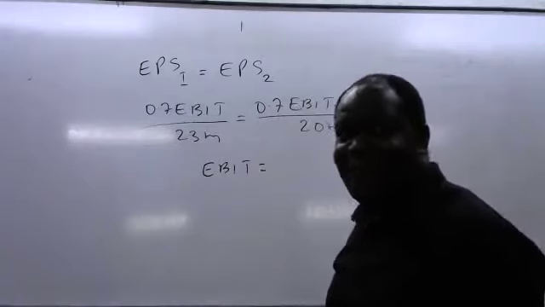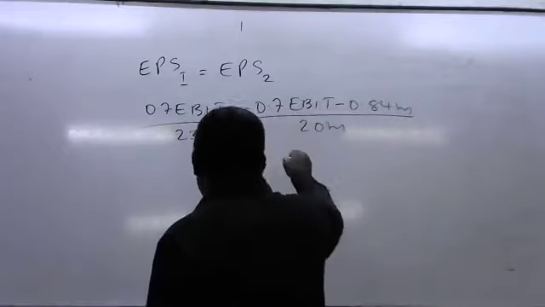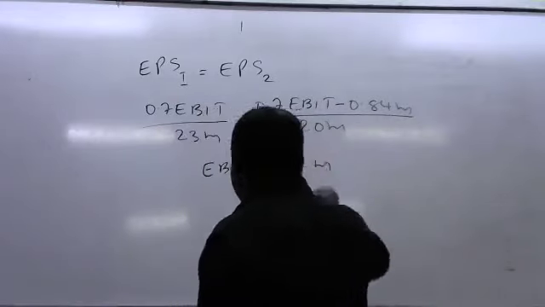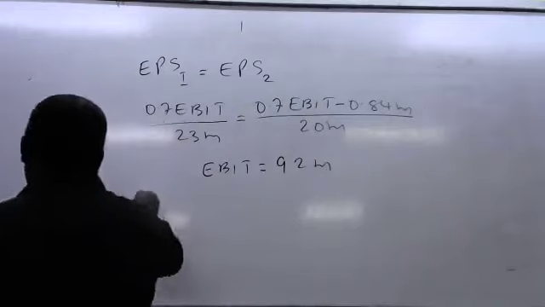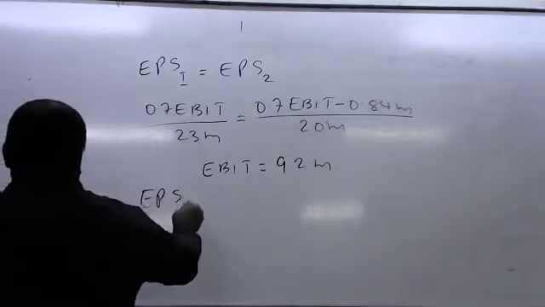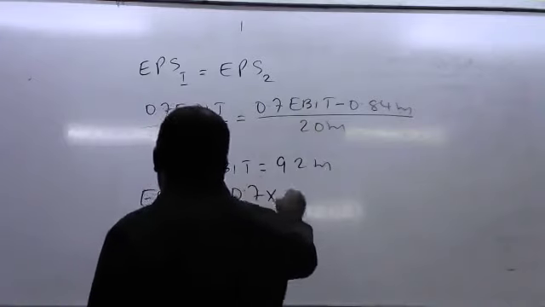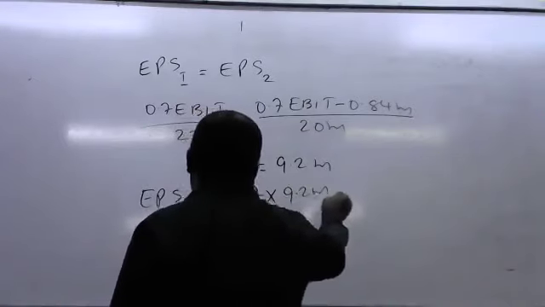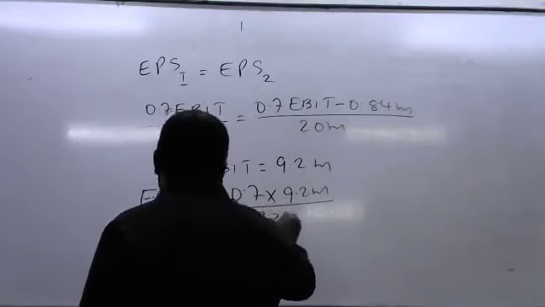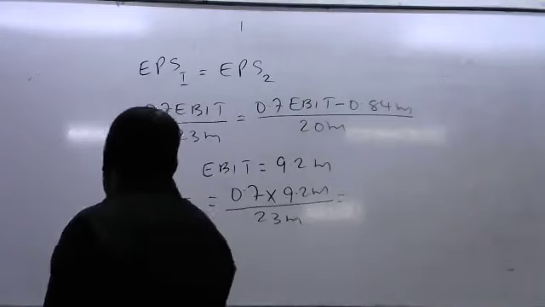9.2. Exactly 9.2 millions. So that now your earning per share for option 1 will be 0.7 multiplied by 9.2 millions divided by 23 millions.